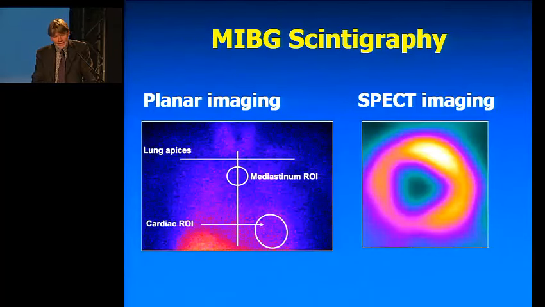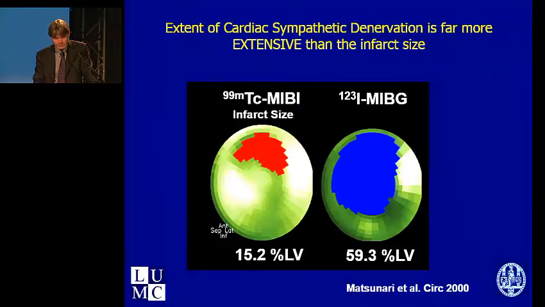We can also do SPECT imaging of this MIBG, and here you see the SPECT images of a patient who had a severe denervated area in the inferior wall and in the septal wall. This was then published by Marcus Schweiger's group, and they showed that in a setting of acute infarctions, the extent of cardiac sympathetic denervation is far more extensive than the infarct size.